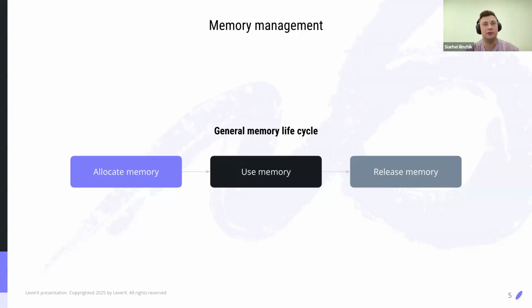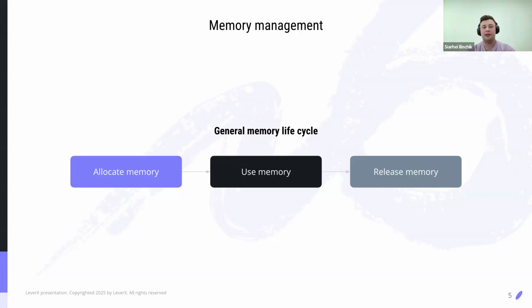Then you're using them, you're assigning new values, you're comparing them with each other, you send them in the response. And after all the actions which are required to execute using those variables are finished, you need to release the memory because, ideally, you don't want to store anything in the memory which is not currently used.